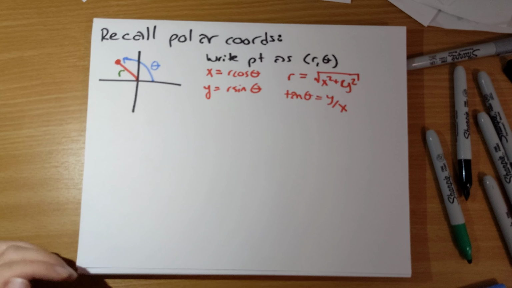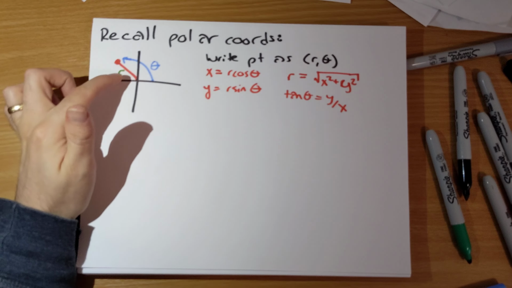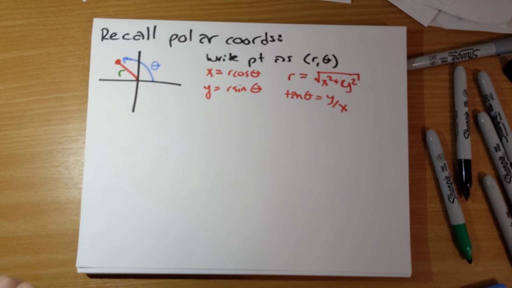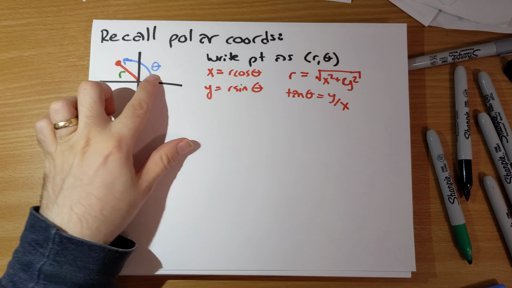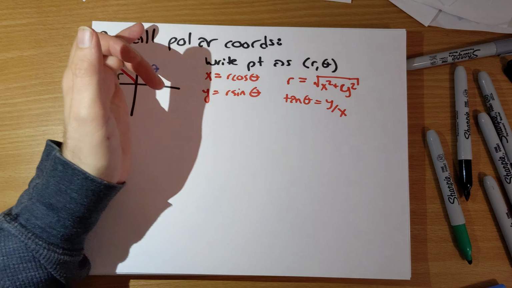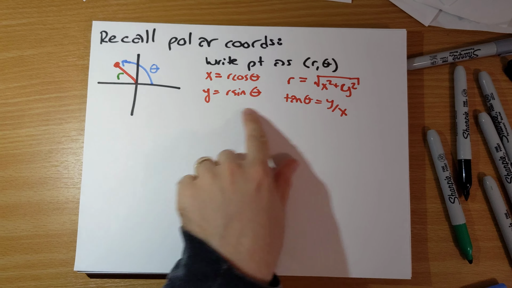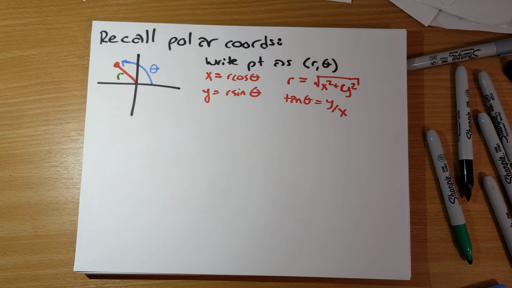We know how to do that. Or you can identify this in terms of r and theta, where r is the distance you are away from the origin. Theta is the angle that you're making with the positive x-axis here. And here are the formulas that allow you to convert between x and y and r and theta.